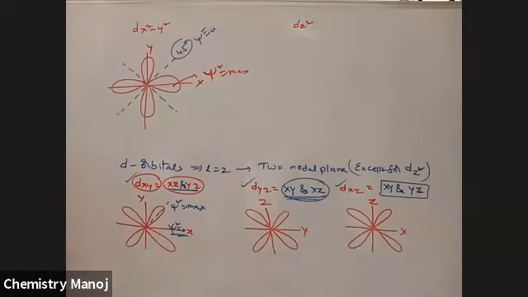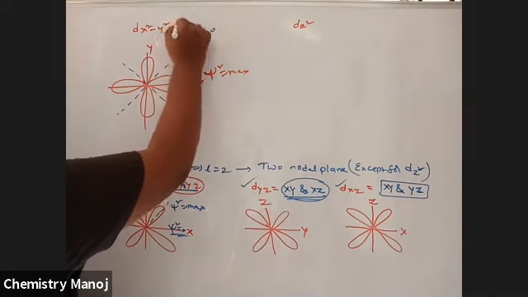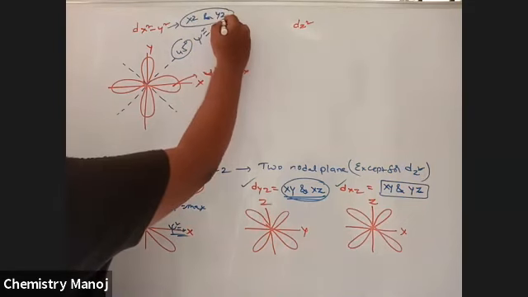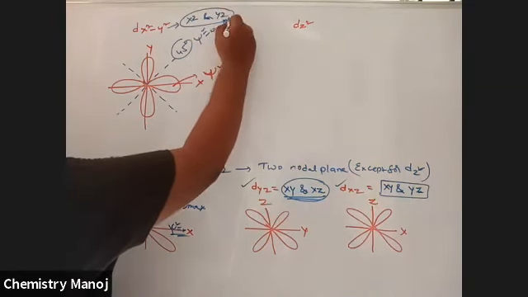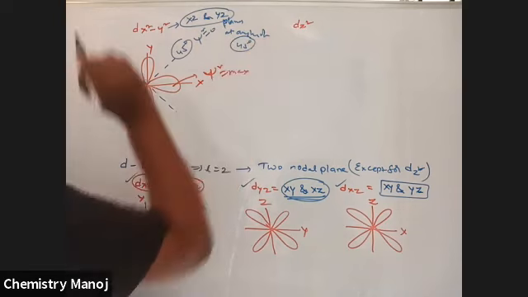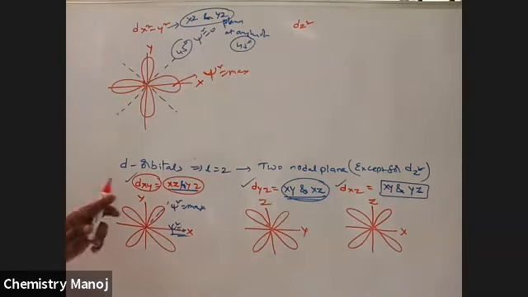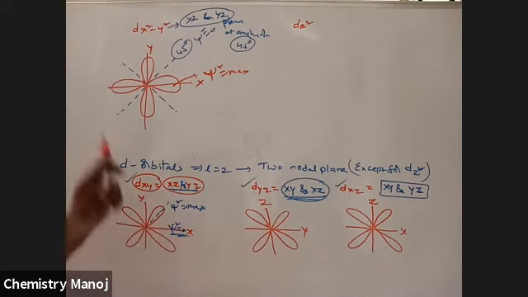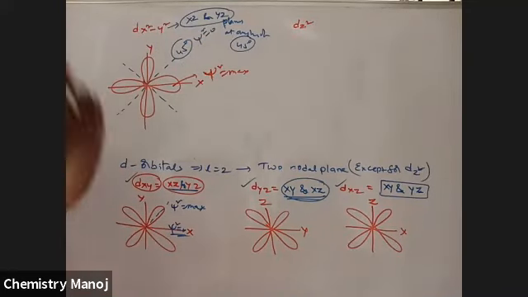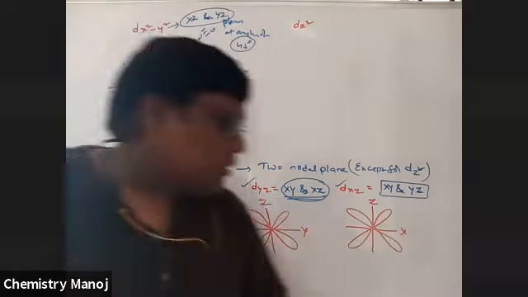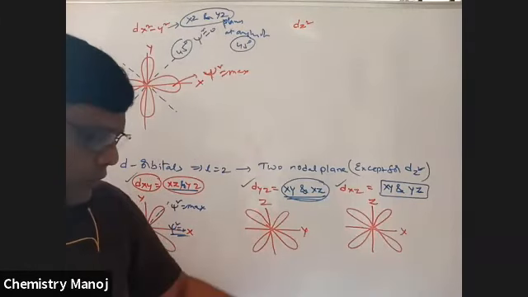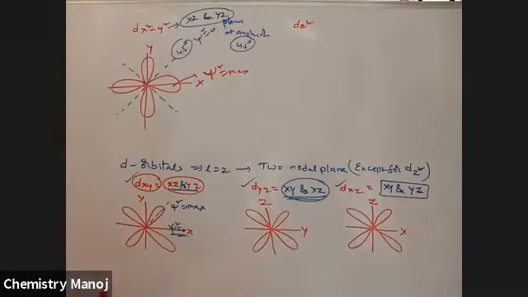So for dx square minus y square, the planes at an angle of 45 degrees to the xz and yz planes are considered as nodal planes. Then for dz square.